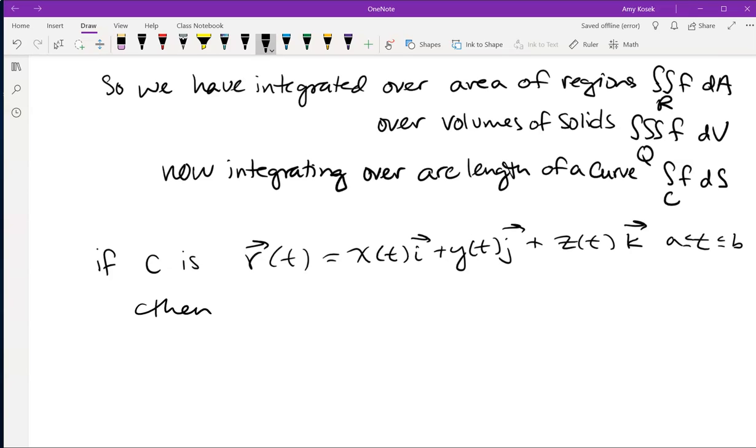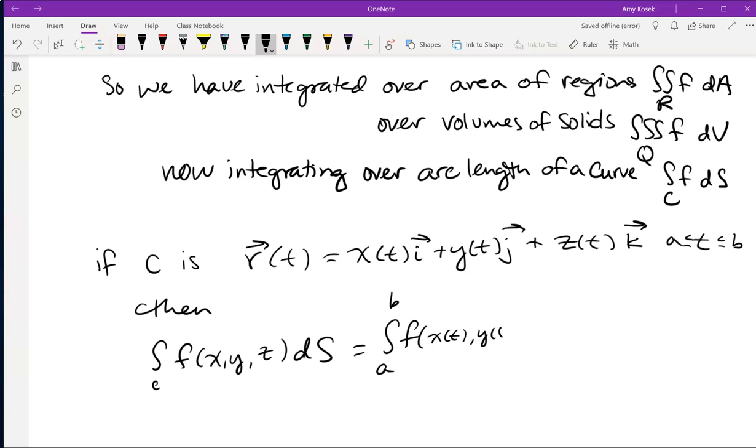Then if I integrate over C some f of, say, x, y, z ds, so integrating over the curve C, then we're just going to have, again, the integral from a to b. Now I've got three things to plug in, so f of x of t, y of t, z of t, so that will turn f into a function of t.